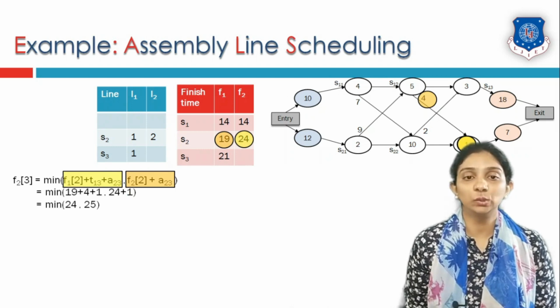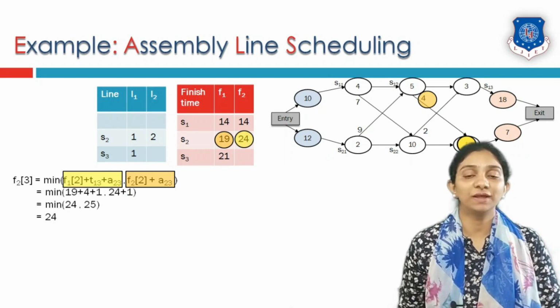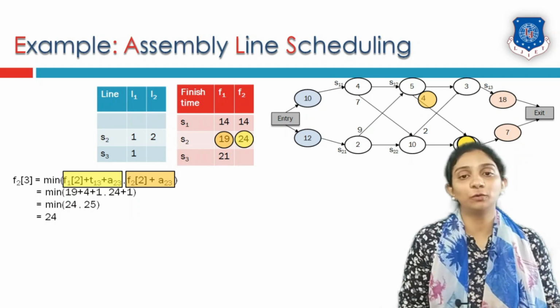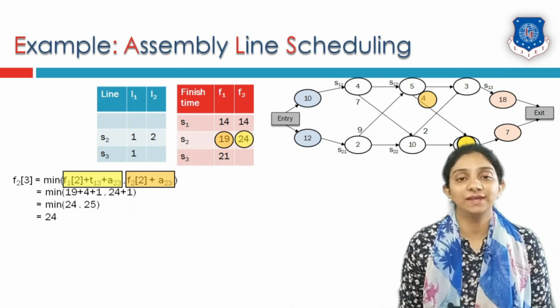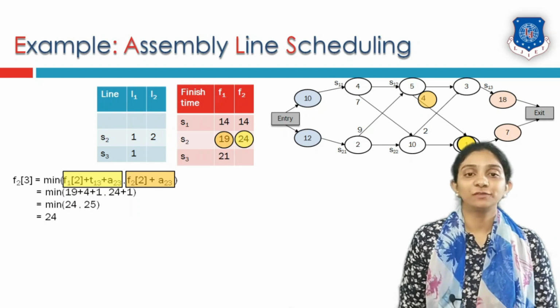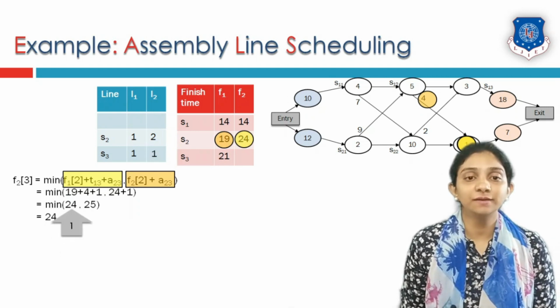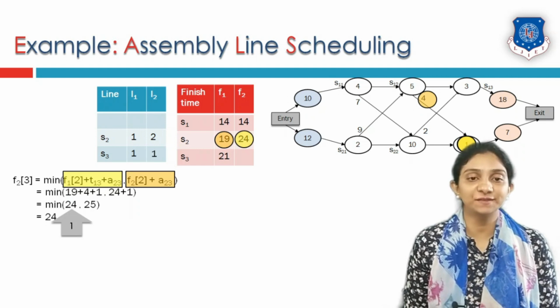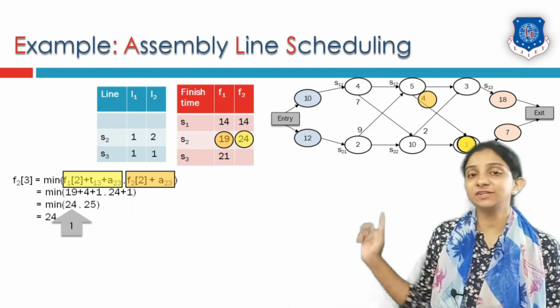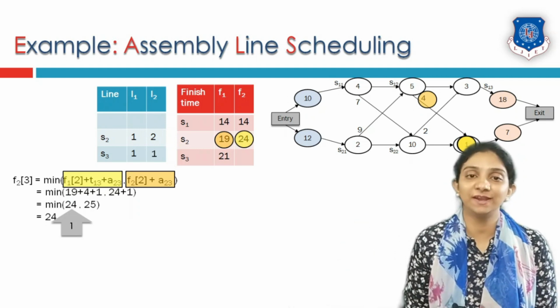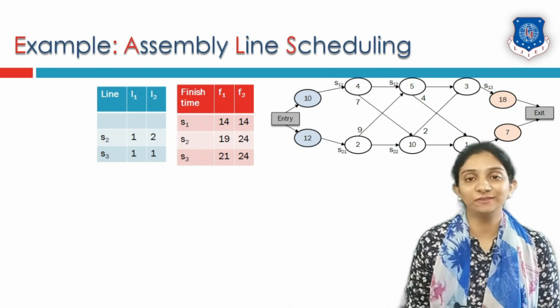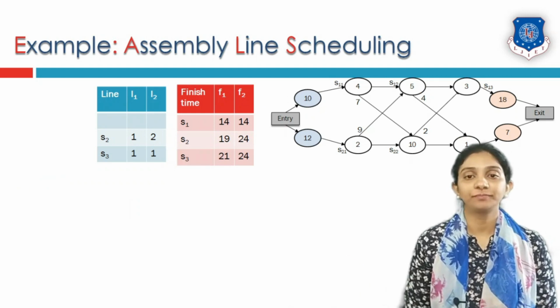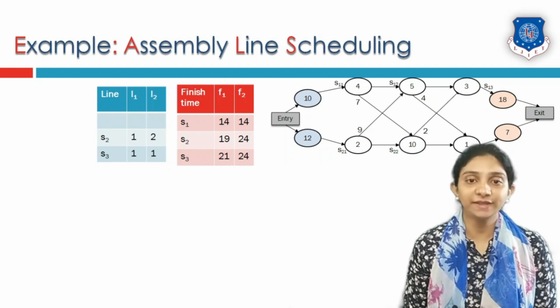That is equal to 19 plus 4 plus 1, comma, 24 plus 1. The minimum out of 25 and 25 is 24. So this is the first component inside the minimum function that we have selected as our answer. So an entry of 1 is made inside the line table and the entry 24 is made inside the finish time table. So this is the completion of the table.